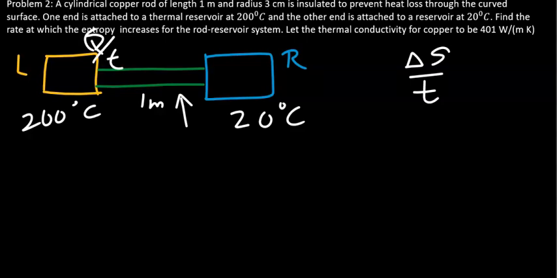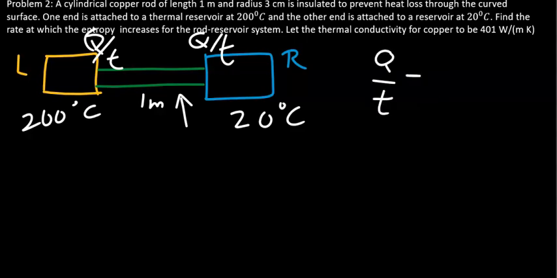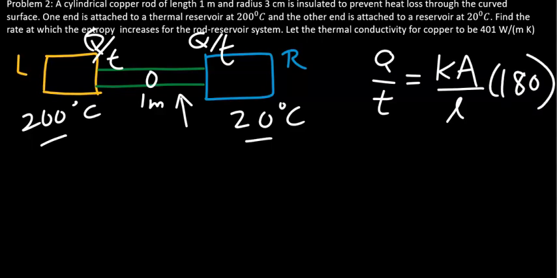From our discussion on heat transfer, the rate of heat transfer is quite simply the conductivity times the cross-sectional area of this cylinder over length times the temperature difference, in this case 200 minus 20, which is 180 degrees Celsius or 180 Kelvin.